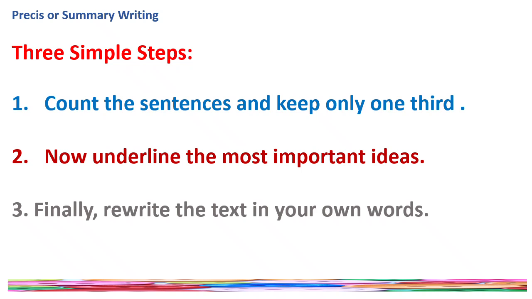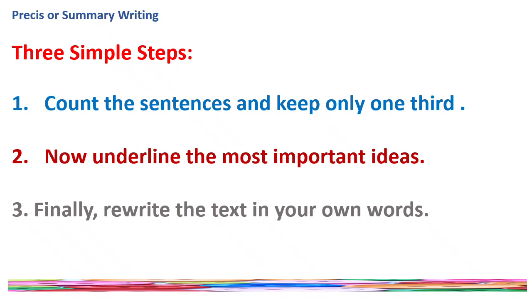And the last point, which is my favorite: finally, rewrite the text in your own words. This is the place where students often make mistakes and copy paste the sentences from the text. Unfortunately, they get fewer marks just due to that, because it's a type of crime to copy paste the same idea, same text from the passage which is given.